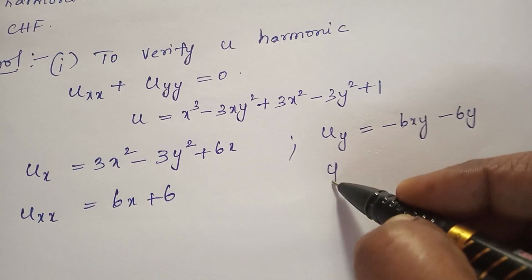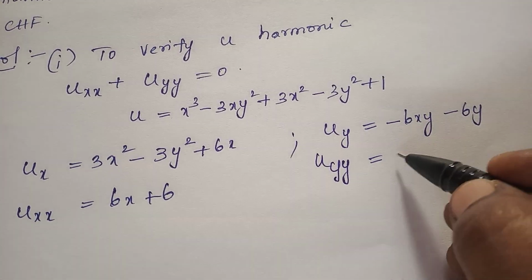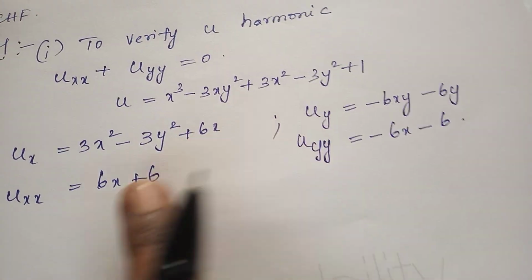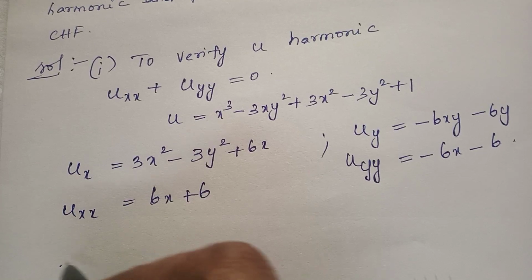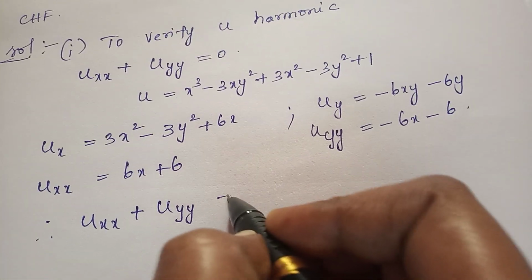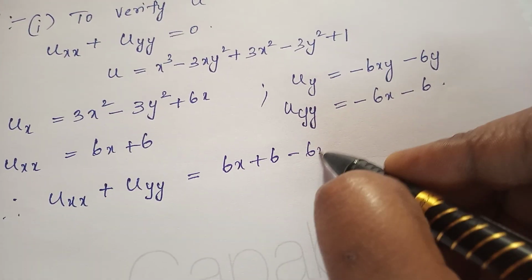And again when you differentiate for uyy, with respect to y, it's minus 6x minus 6. And here also when you add both, it is surely going to be 0. So we have uxx plus uyy equal to 6x plus 6, and this is minus 6x minus 6.